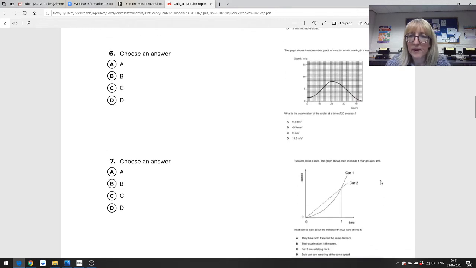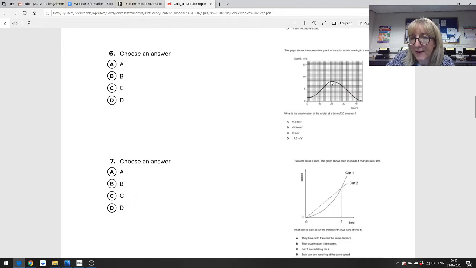Question 6. The graph shows a speed time graph of a cyclist who is moving in a straight line. What is the acceleration of the cyclist at a time of 20 seconds? So we're looking at this section of the graph here. Now, what we know about a speed time graph or a velocity time graph is the gradient of the graph is the acceleration, because acceleration is the change in velocity per unit time.